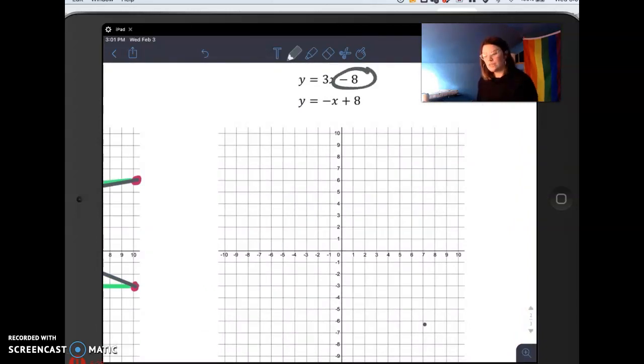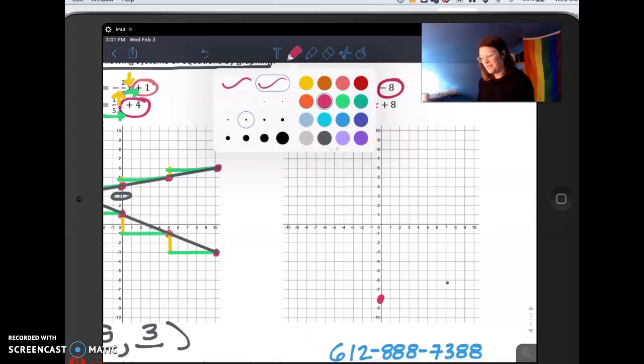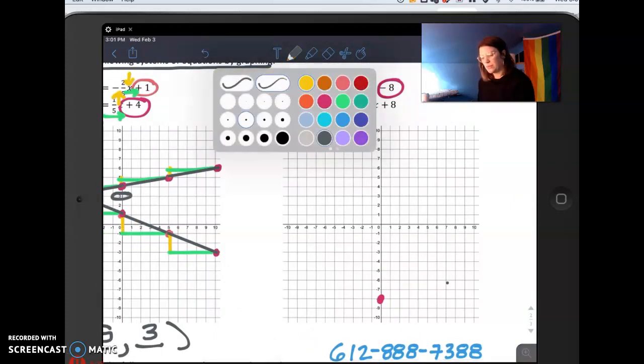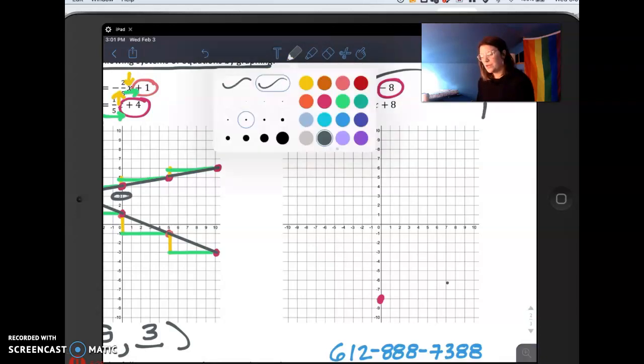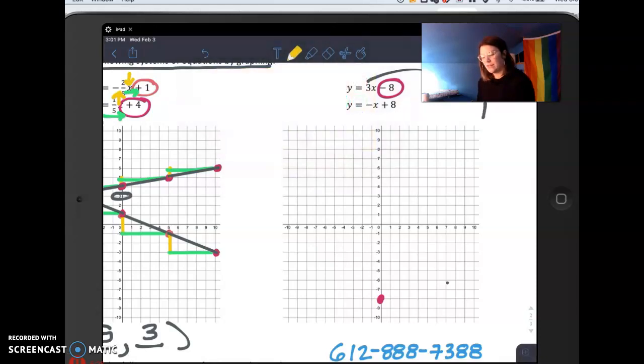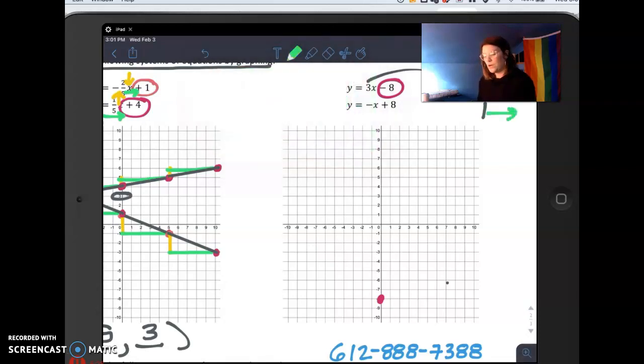All right, so for this one, we're going to start at -8 on the y-axis. So we start down in the negative y's, and I'll rewrite the slope over here for this one. So it's 3, but we know that if we don't have a rise and a run, we need to rewrite it with a 1 underneath.